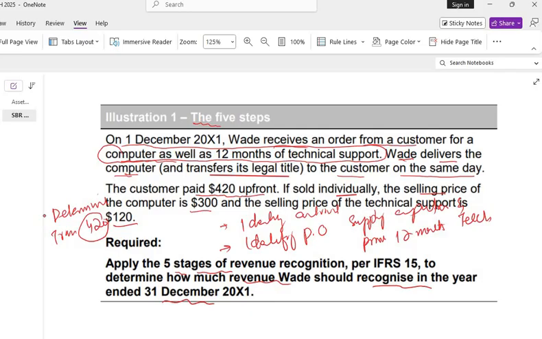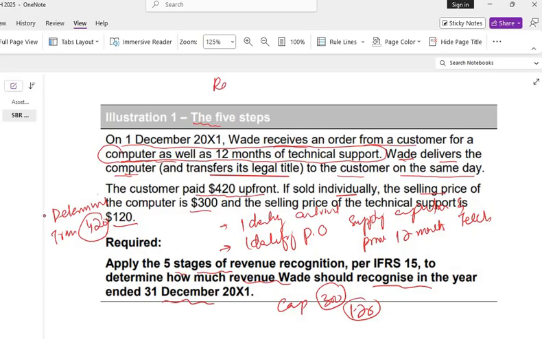Based on the standalone selling prices, the computer price will be $300, and that of the technical support will be 120. So the allocation will be 300 for computer and 120 for technical support. We have allocated the transaction price to the performance obligations, which are computer and support.